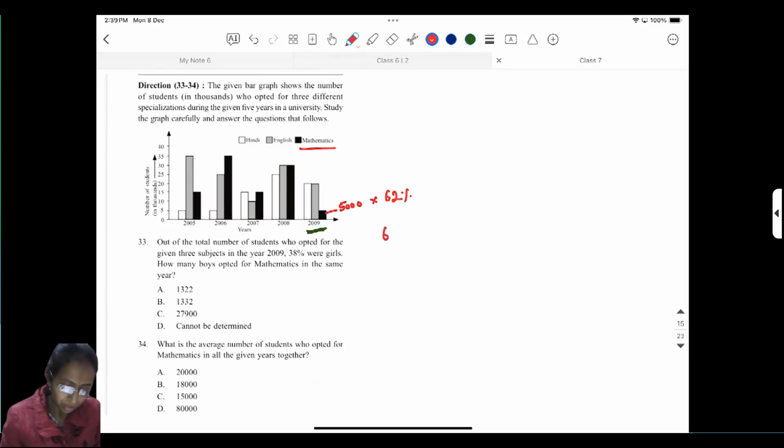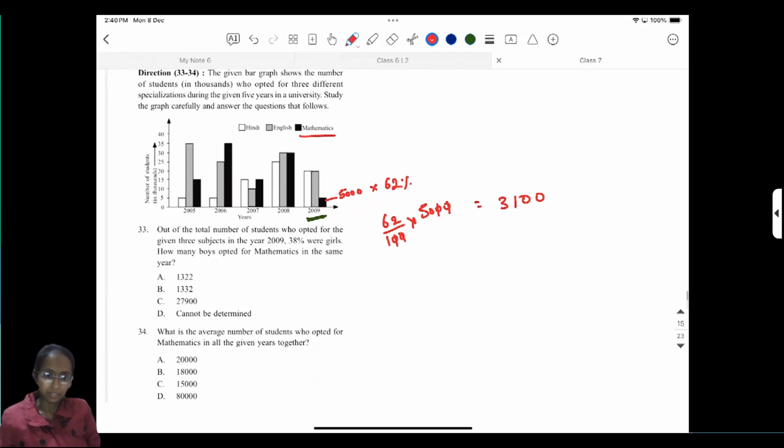That means 62 by 100 of 5,000 is the number of boys, and we have the answer to be 3,100, which is not in the options.